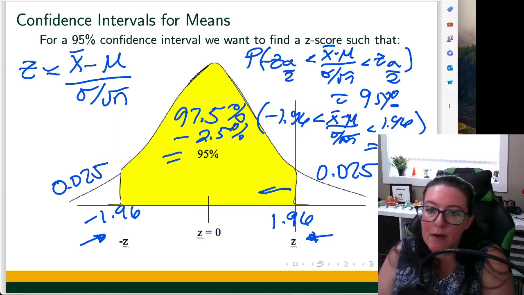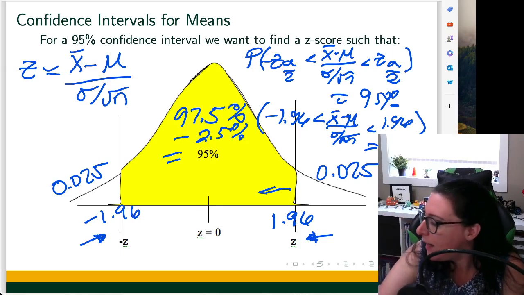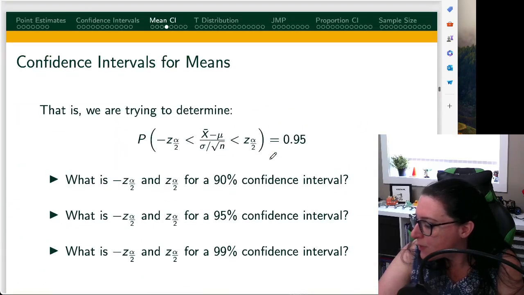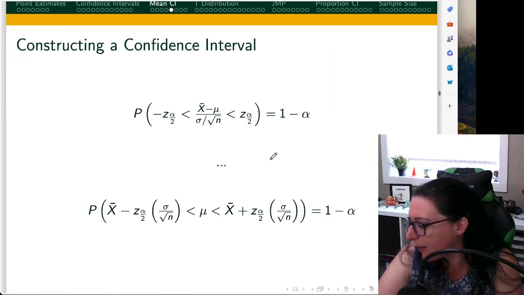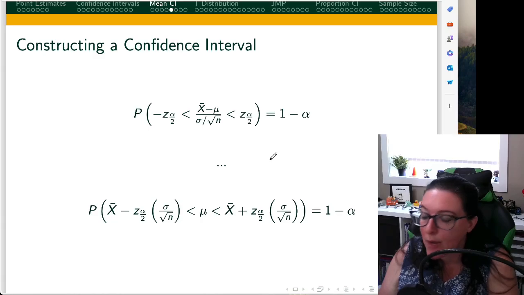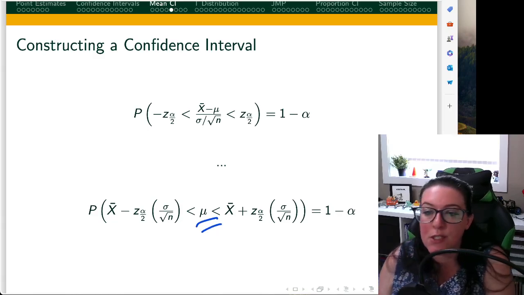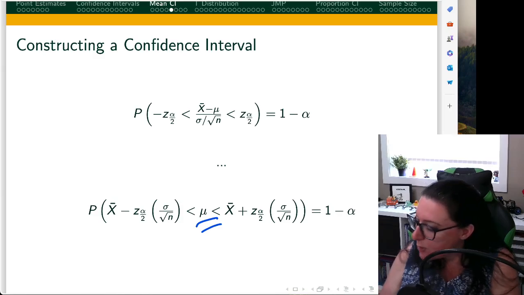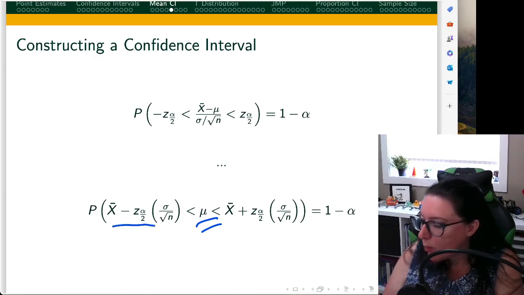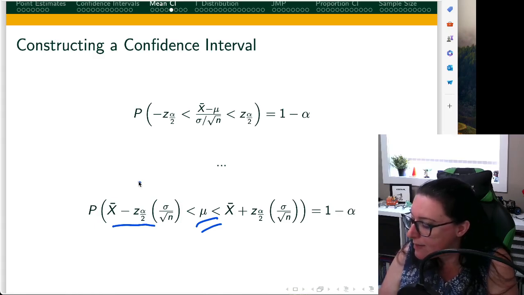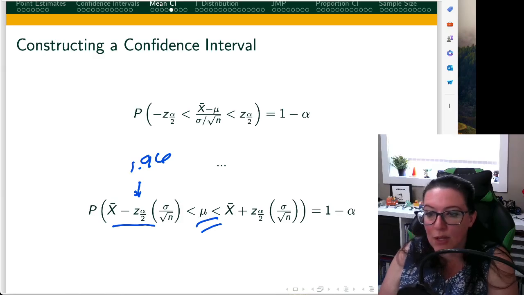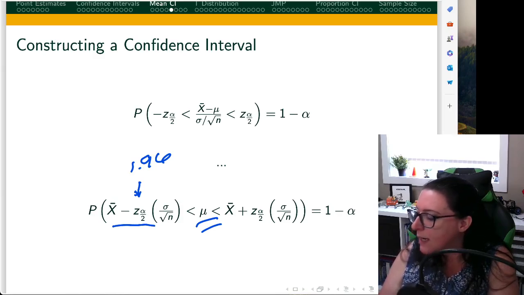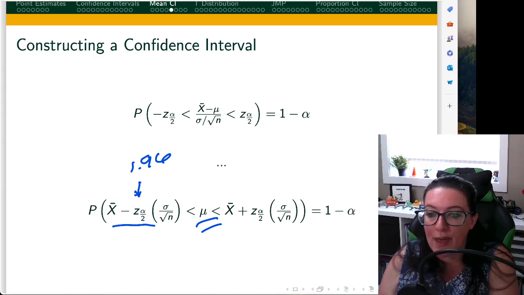Well, what we're doing here is we're going to essentially take this formula and rearrange it so that ultimately we're just looking for what is mu. That gives us a lower bound where it is our average minus our value of z, which in this case is 1.96, and x bar plus 1.96 on the other end, so we get those two extremes, times sigma divided by the square root of n.